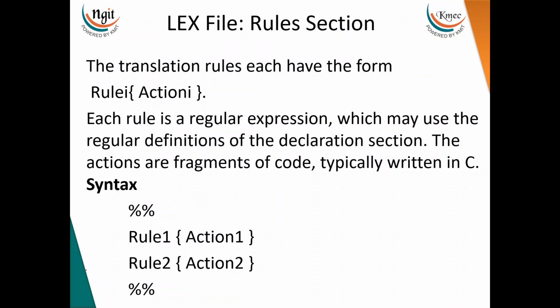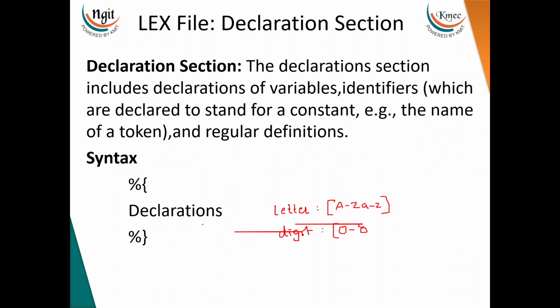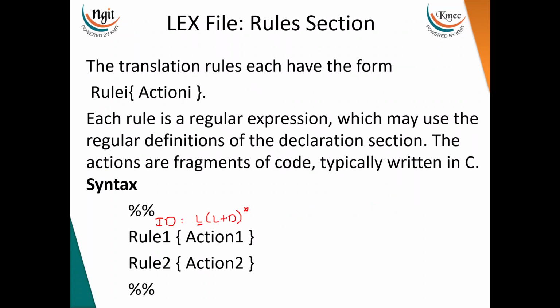Then in the rules section, once you have defined something in the definition section, you write the rules based on the definitions. Like rule 1, identifier. What is the rule? Letter followed by (letter or digit) star. The letter and digit are defined in the definition section.